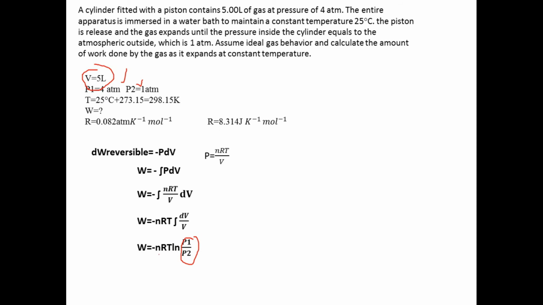the n, number of mole, we must calculate the number of mole first. So the number of mole we can get from the ideal gas equation, which is n equals to PV over RT.